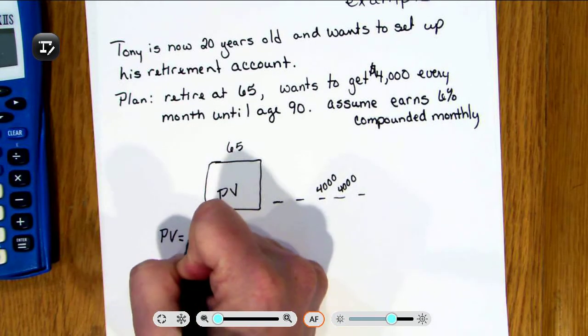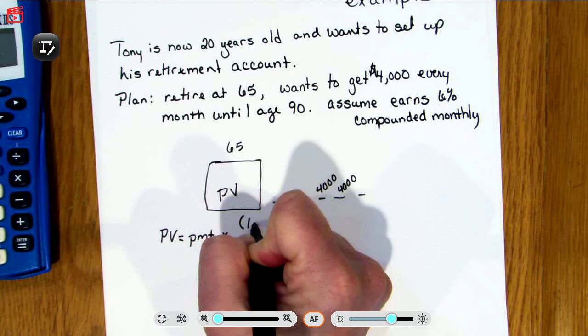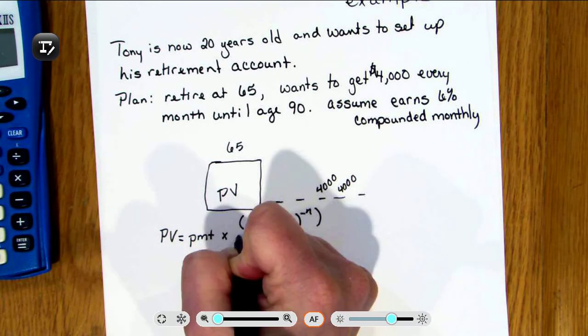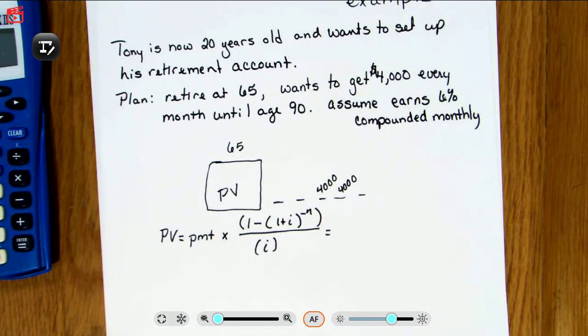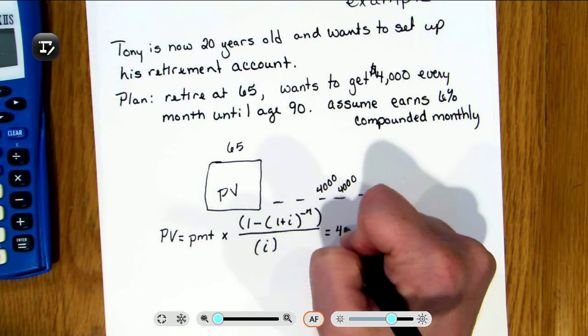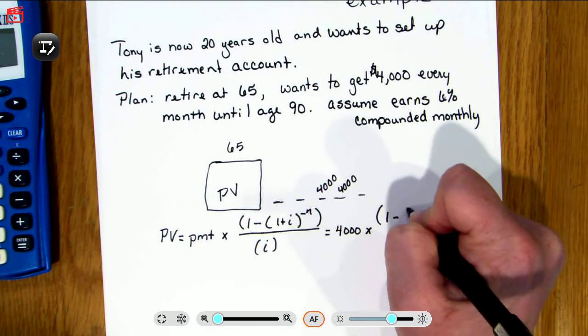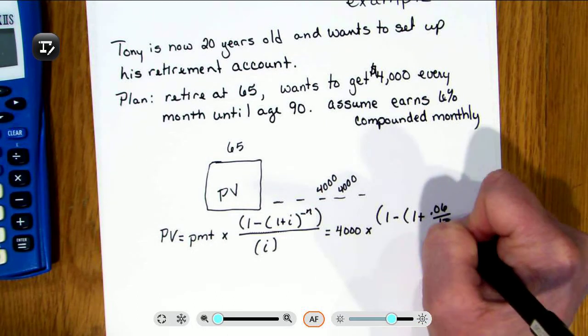Again, the present value formula looks like our payment times 1 minus (1 plus i) to the negative n, all over i. So for this situation, our payment is $4,000. My i is that 6% compounded monthly.